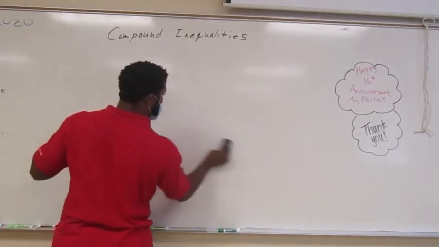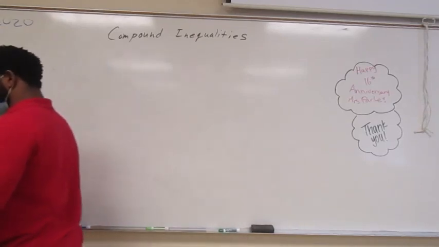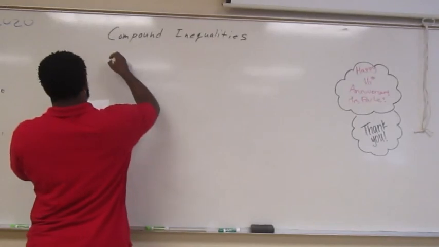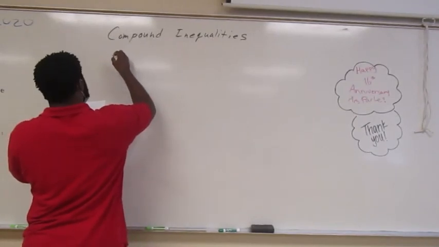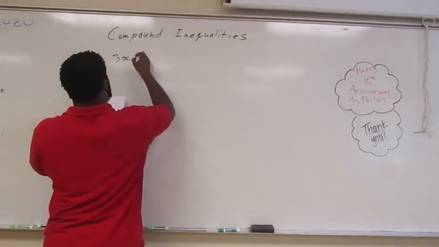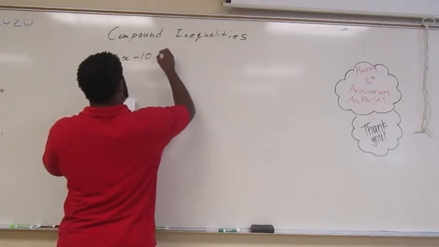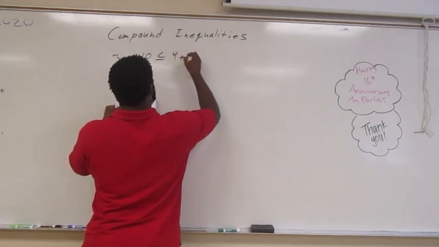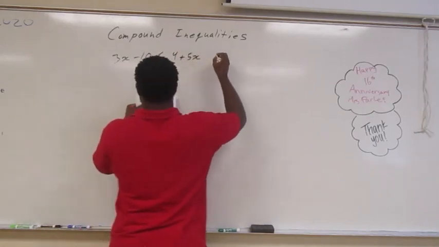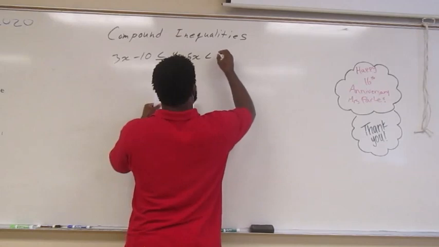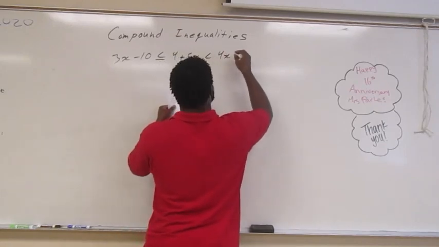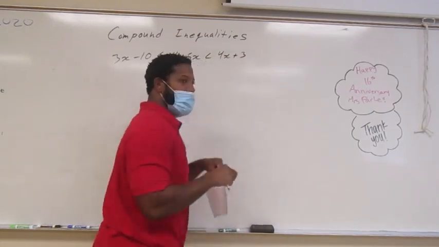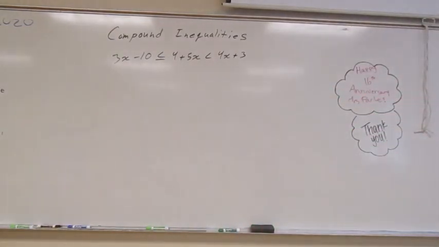So and, you have another part of and is 3x minus 10 is less than or equal to 4 plus 5x, which is less than 4x plus 3. Okay? You write this in your notes?